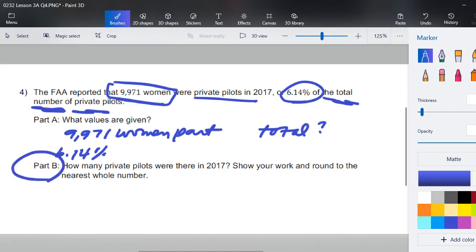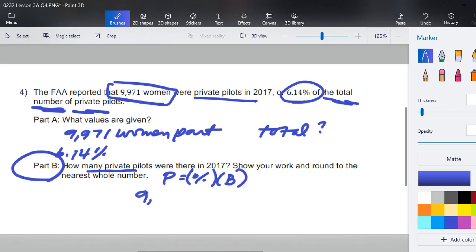Part B, so how many private pilots were there? Show your work and round to the nearest whole number. Firmly believe you should write down the formula first, where part equals the percentage times the base or the whole.